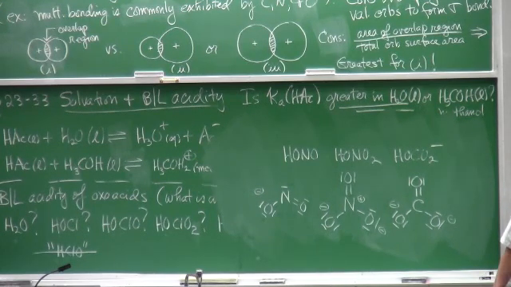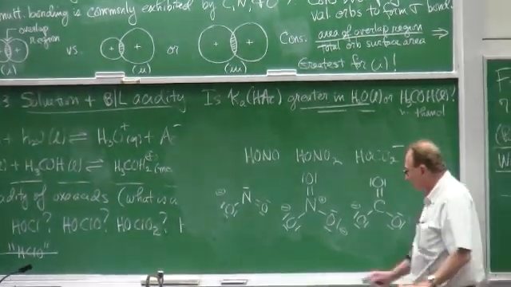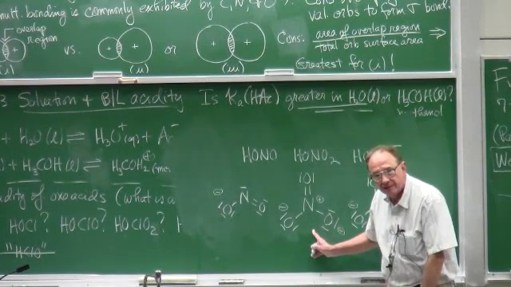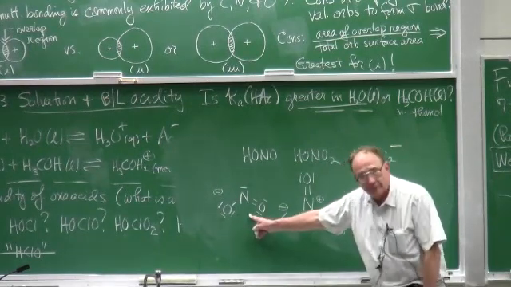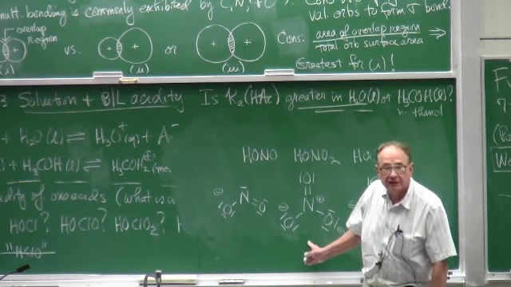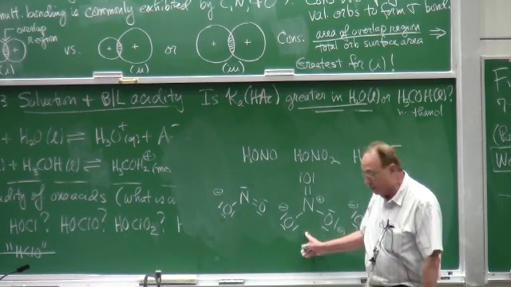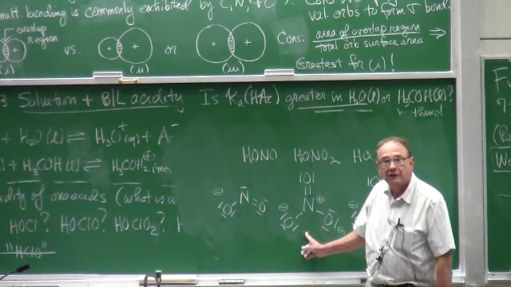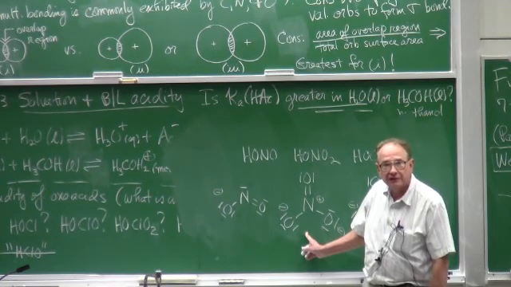The simplest way to answer this question is to ask yourself, how many resonance forms can I draw? Well, how many resonance forms for this? 2. More resonance forms, more negative charge density smear. Better stabilization here because you have a greater degree of resonance.